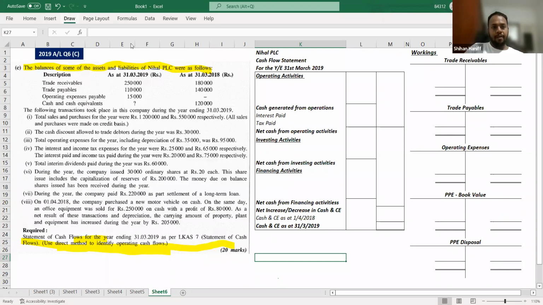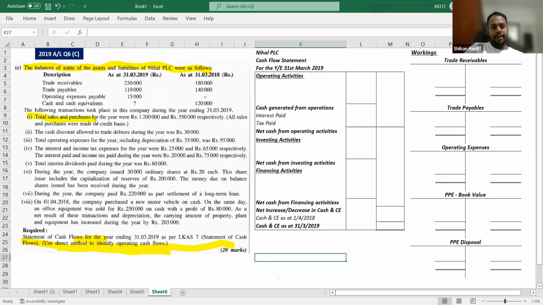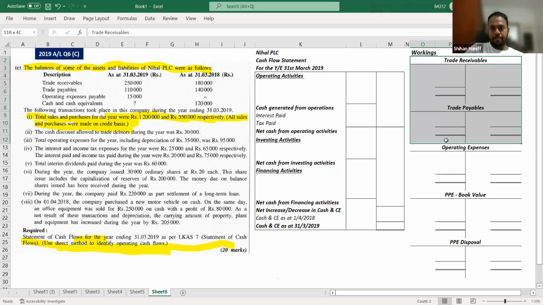Number one, the total sales and purchases for the year were 1.2 million and 550,000 respectively. All the sales and purchases were made on credit basis. So we can prepare the trade receivables and trade payables account.